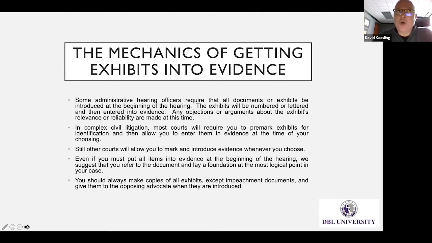You want to consult the specific rule for that administrative hearing officer to find out whether they want them to be alphanumeric or if they want them certainly just to be numbered, or how they want them to be numbered. If they want you and your opposing counsel to use a common scheme of numbers, in other words, don't use duplicates, but you all agree on how these documents will be labeled and meet in advance to make certain that they will not be duplicated.